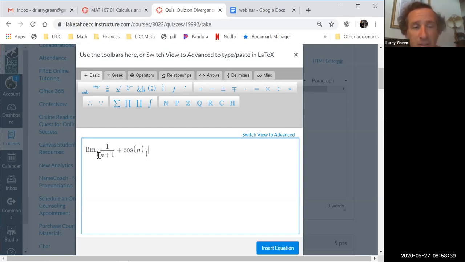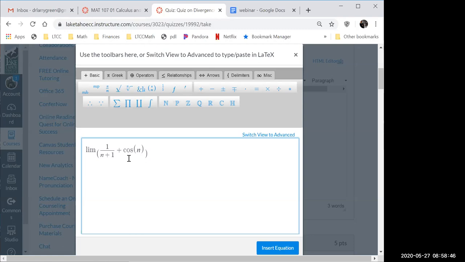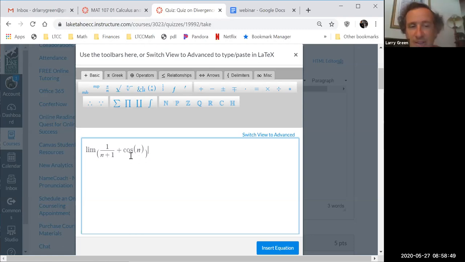Look at the first term. Where does the first term go if n goes to infinity? 0. What about the second? What is the cosine of infinity? Indeterminate.